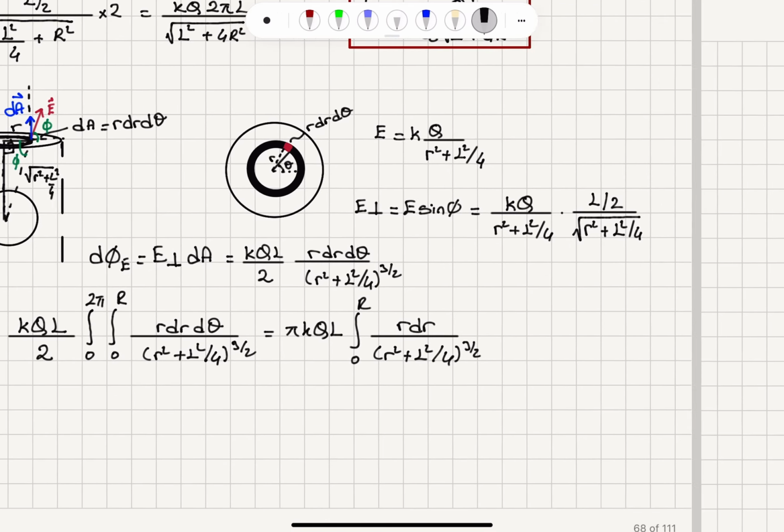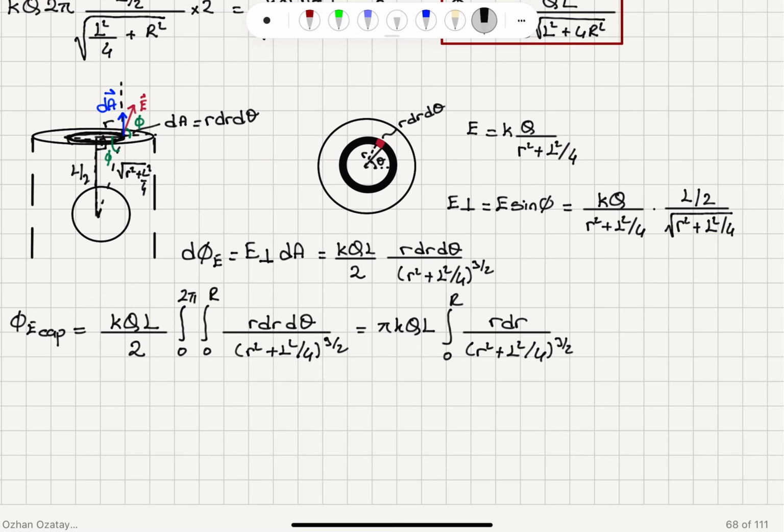Now, in order to perform this integration, I'm going to let u squared equal r squared plus L squared divided by 4. Okay, with that, I will have 2u du equal to 2r dr, and the 2's will cancel. So r dr will be replaced with u du.